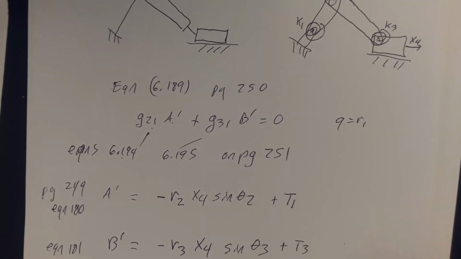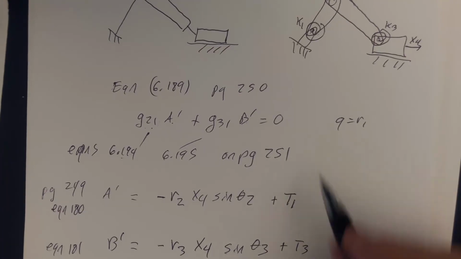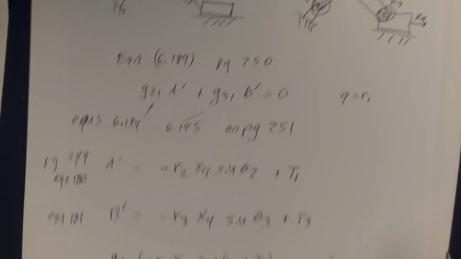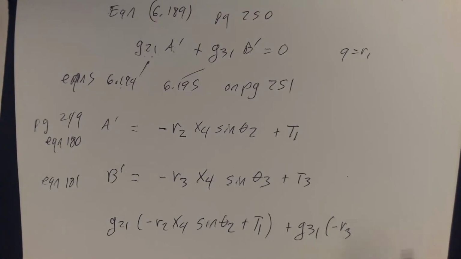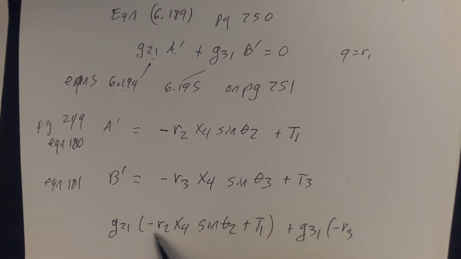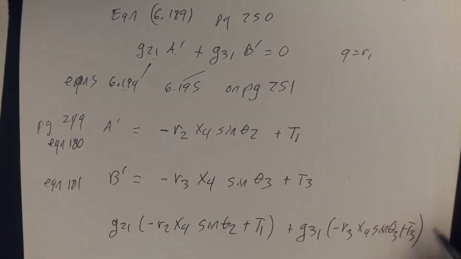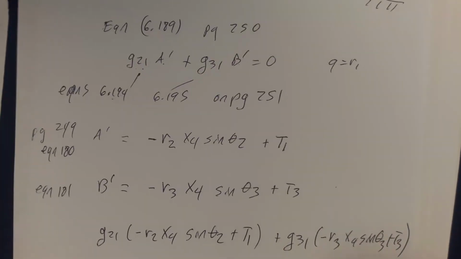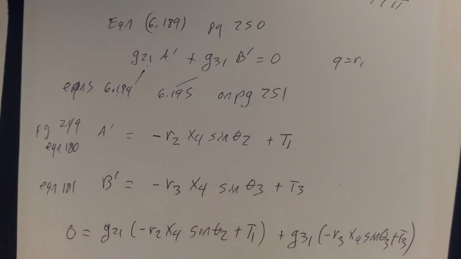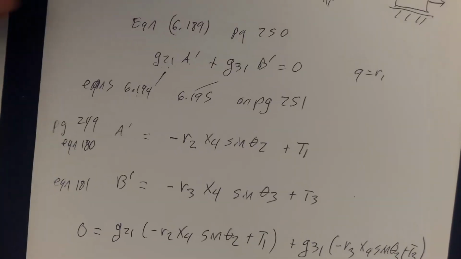And this is just substituting in values of A prime and B prime into this equation that we have here. And that's equal to 0. Okay, and so we can do a little bit more algebra with that.